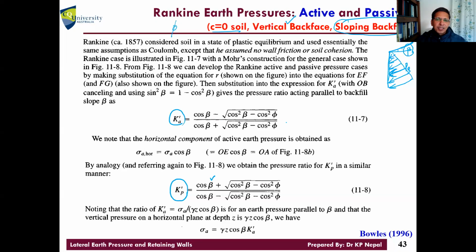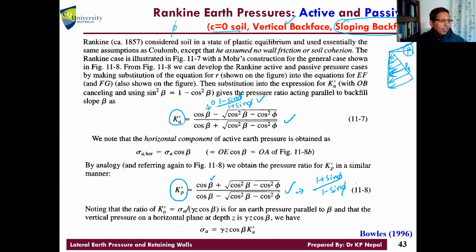So that means you need to use these equations to calculate Ka and Kp. Look at this, you can use this equation for the general case. If beta equals 0, what happens? This is (1 - sin phi) divided by (1 + sin phi). What is this? This is the non-sloping case, if beta is 0. Same thing happens here. It will be (1 + sin phi) divided by (1 - sin phi).